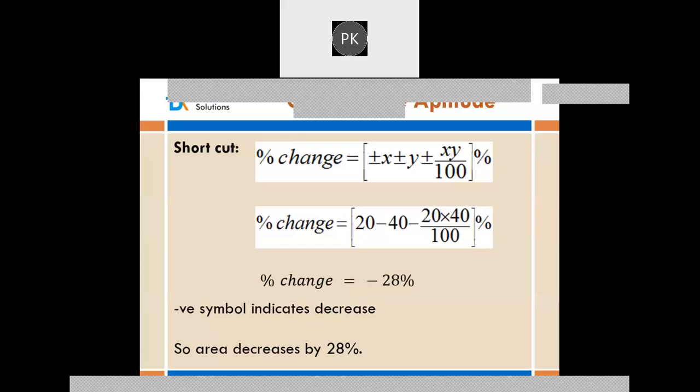Then find the net profit percentage or loss percentage made by the shopkeeper for the whole transaction.